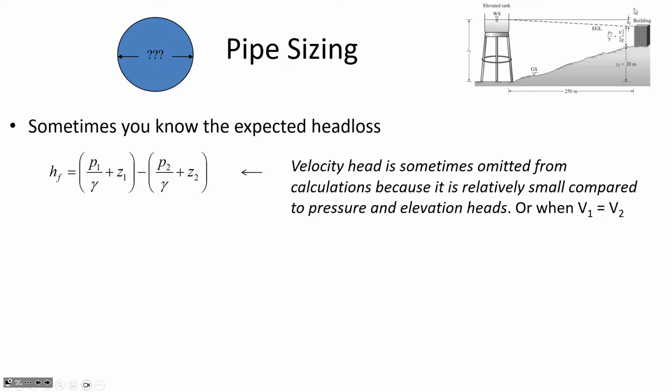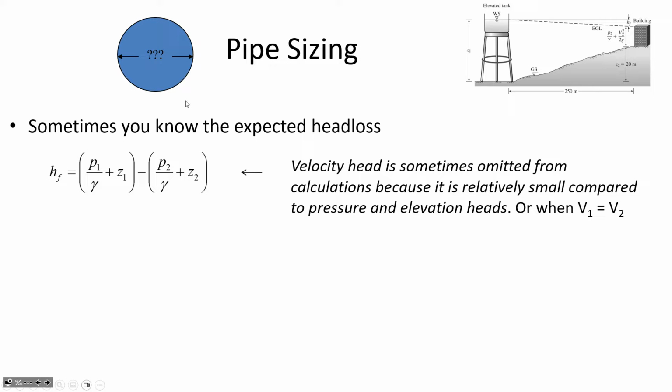Let's say you know the pressure you want to have, and you know the flow rate that you'd like to achieve, but you don't know how large the pipe needs to be in order to have it happen. So we're going to talk today about how we can use the Darcy-Weisbach equation and calculating f values to estimate the pipe size that's required.